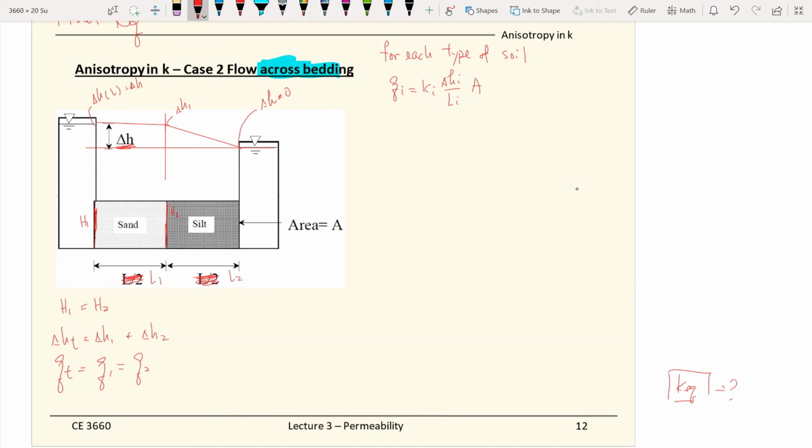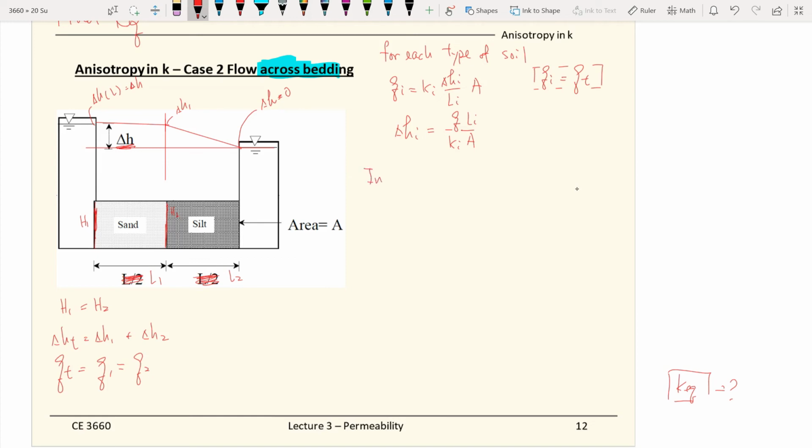times the area. Area is constant. And we know that each Q will be equal to the total flow rate. From these equations, if we reorganize to solve for delta H_i, it will be equal to Q times L_i over K_i and A, where Q is now a constant.